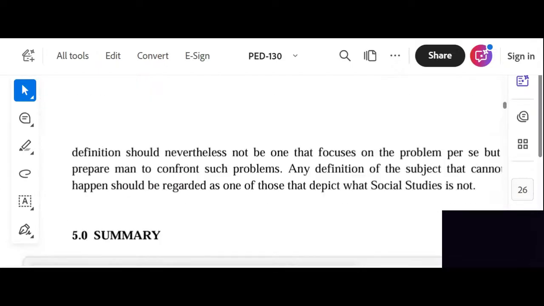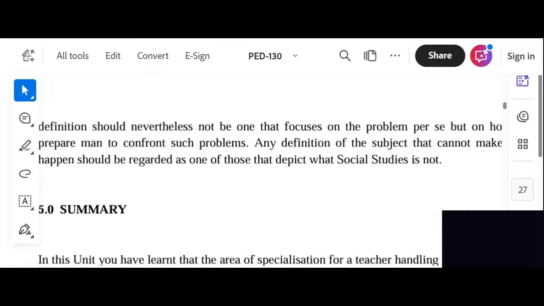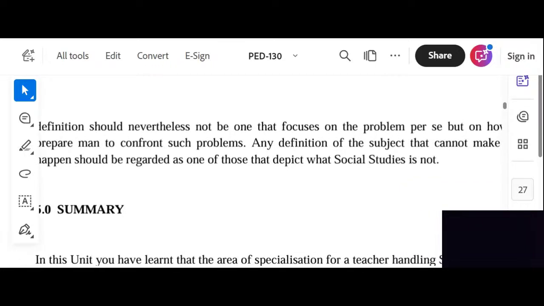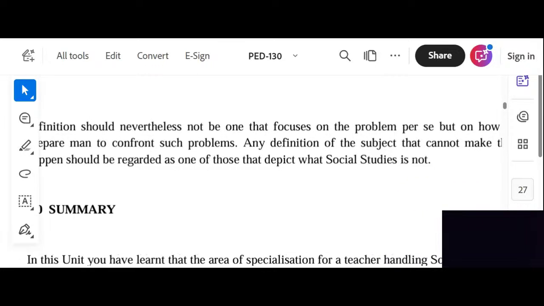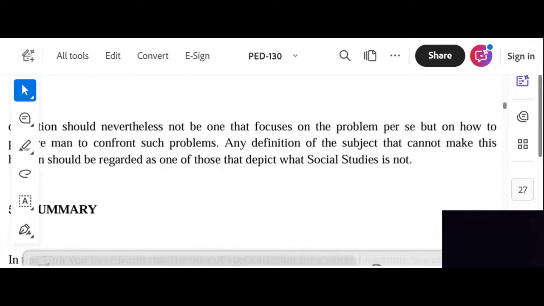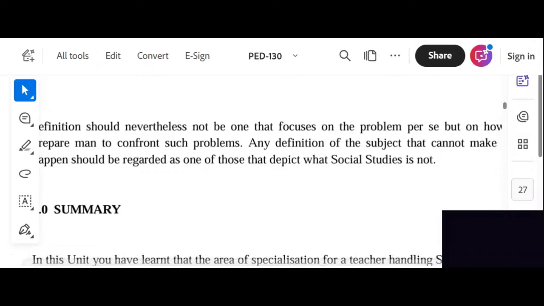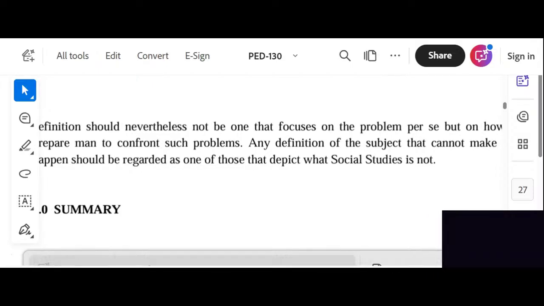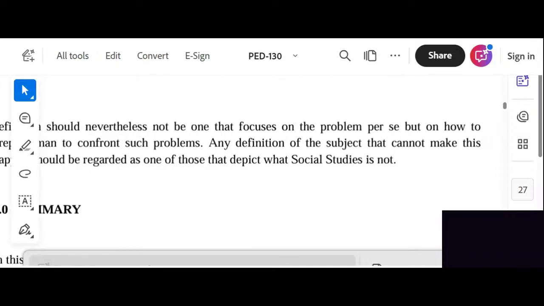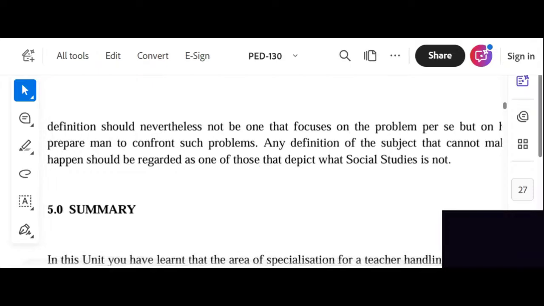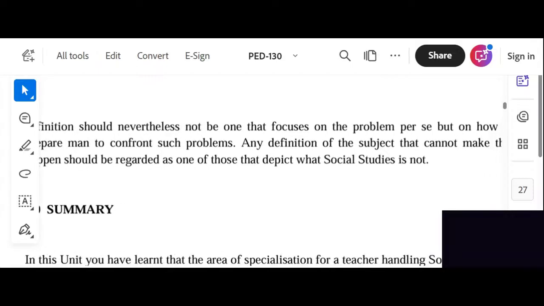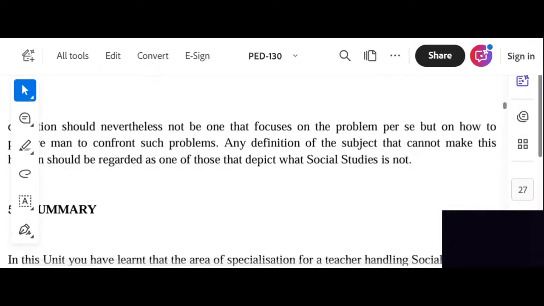The focus of the definition should nevertheless not be one that focuses on the problem per se, but on how to prepare man to confront such problems.